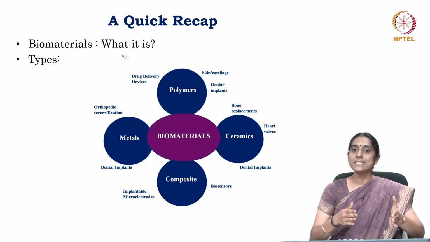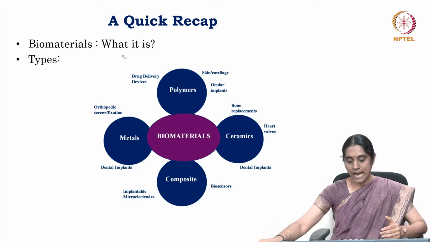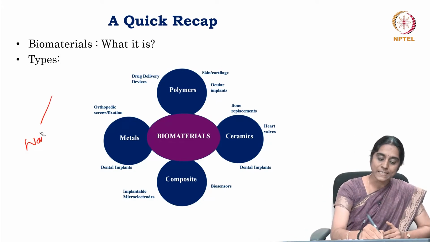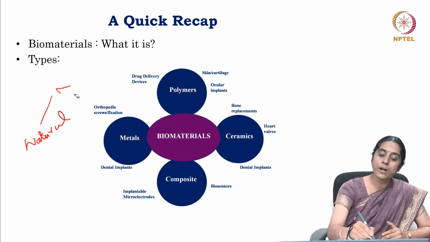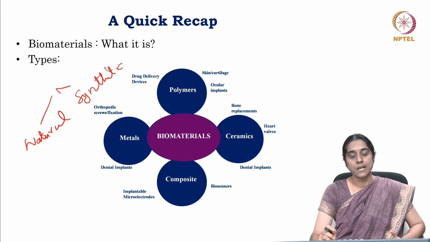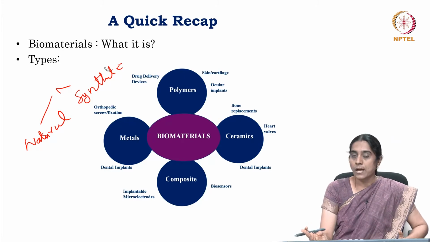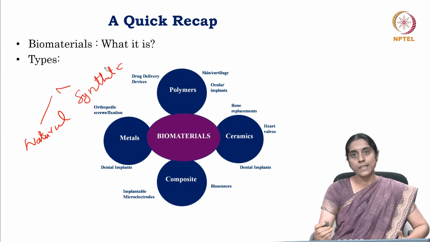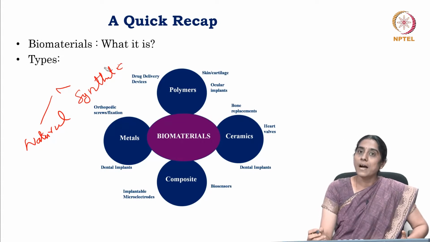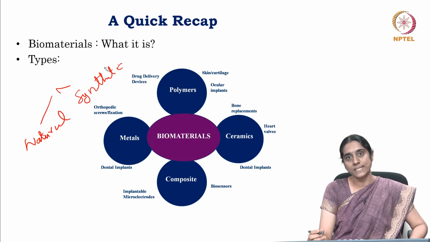If we look at the types of biomaterial, basically we can classify them as natural biomaterials, whose origin is from natural sources, or synthetic biomaterials. Natural biomaterials may be from plants, such as cellulose, or from animals, like collagen and gelatin, or from insects, like chitin.